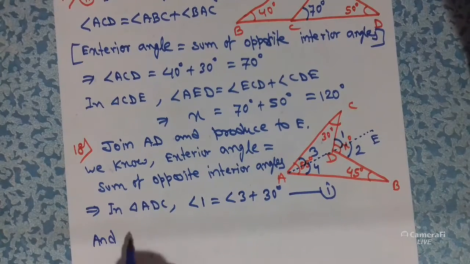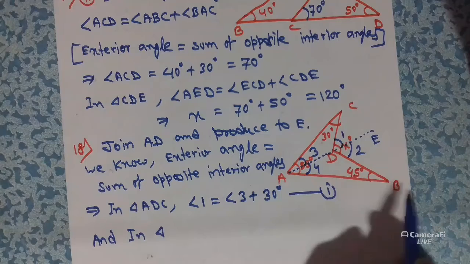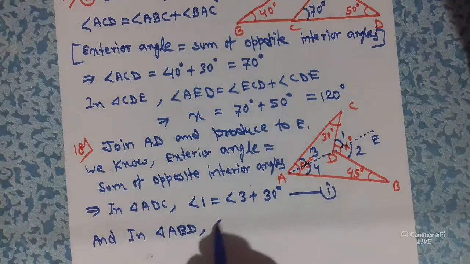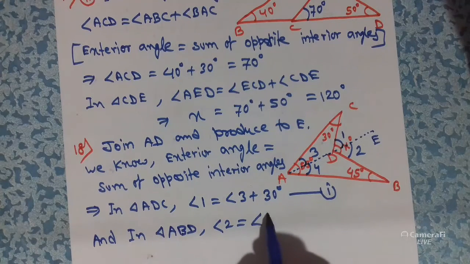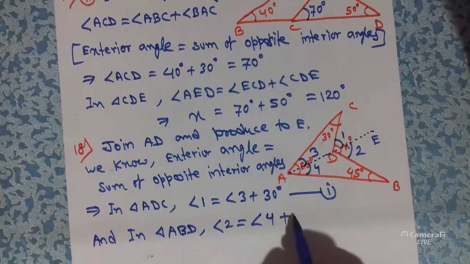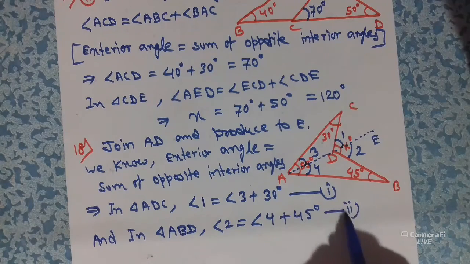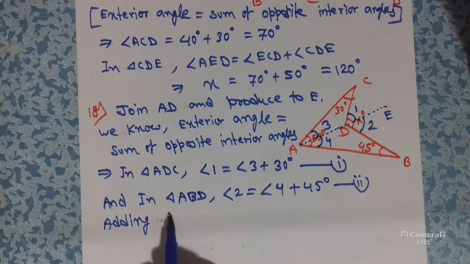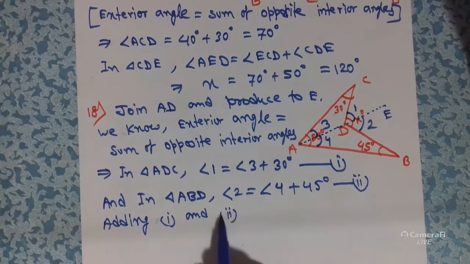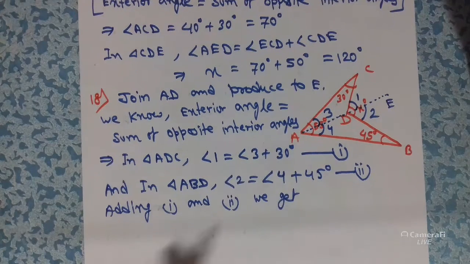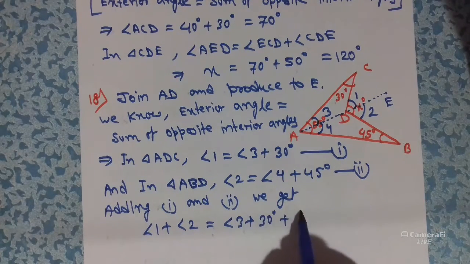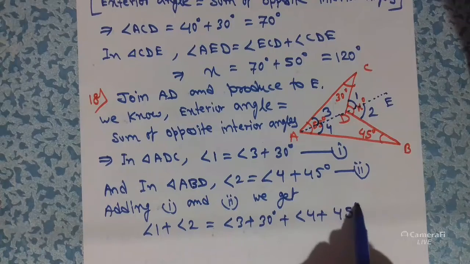And in triangle ABD, angle 2 is the exterior angle, so angle 2 is equal to angle 4 plus 45 degrees. Now adding 1 and 2, we get angle 1 plus angle 2 is equal to angle 3 plus 30 plus angle 4 plus 45.